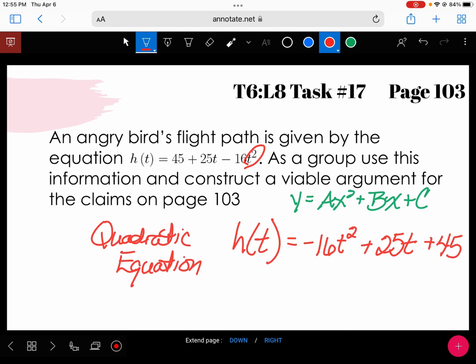So it says, for this flight path that we have, are pigs at heights of 45, 57, and 65 or not? So listen to the beginning again.